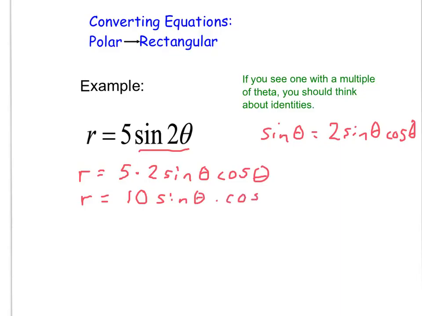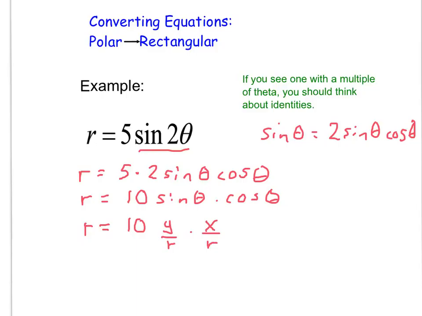cosine theta. Now, I need x's, y's, r's as quickly as I can. So what I'm going to do, I'm going to go ahead and take sine and replace it from my triangle as y over r. And similarly, I'm going to replace cosine with x over r.